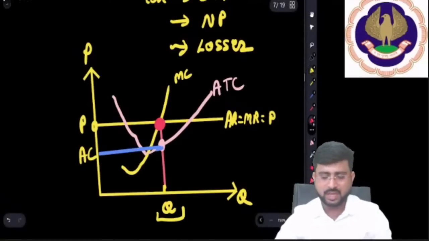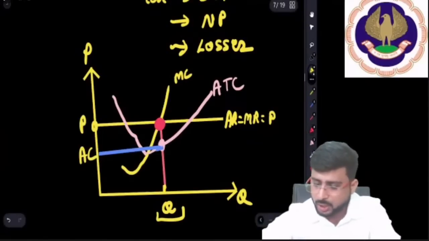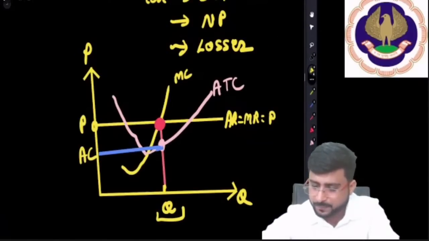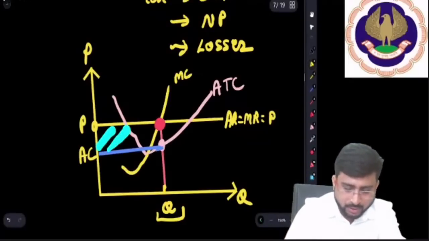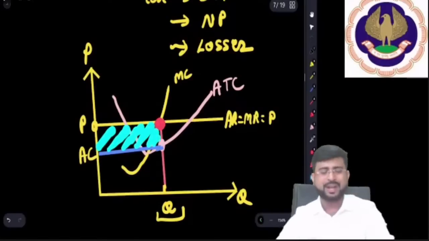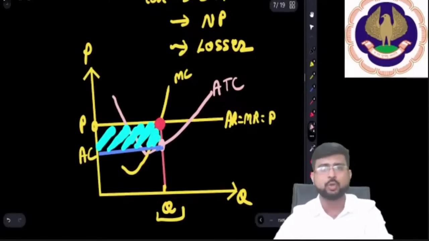This gap that I'm shading right now using a different color, a little blue, is the zone of supernormal profits, because you can see price is greater than average cost, that is cost per unit of a product.